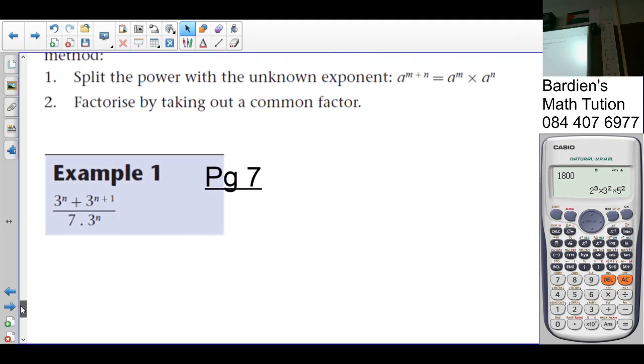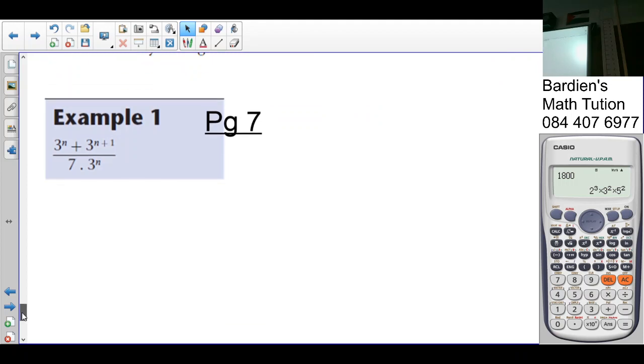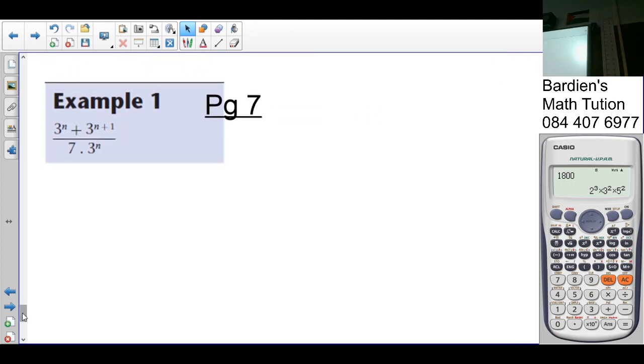So we made a note. The first bullet is going to be split the powers with the unknown exponent. You guys wrote this down already. Okay? So that's going to be bullet number 1. Your second bullet is to factorize by taking out the common factor. So let's look here. You got 3 to the n plus 3 to the n plus 1.